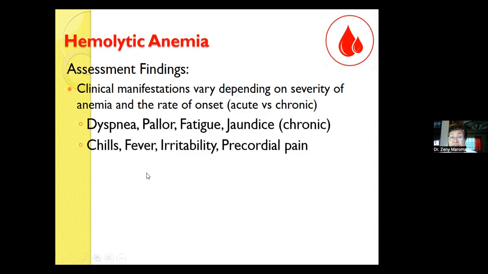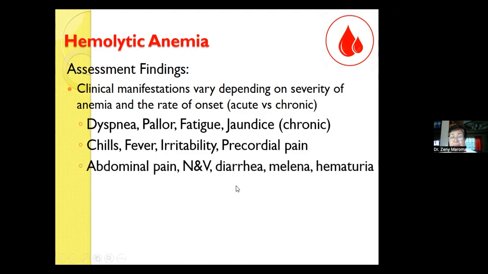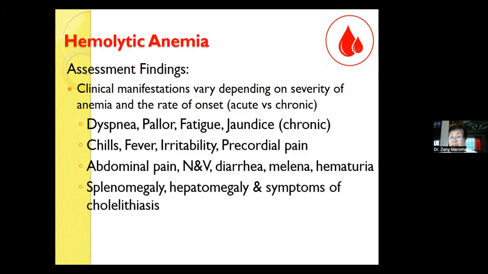There could also be fever, chills, irritability, and precordial pain. There's also abdominal pain, nausea, vomiting, diarrhea, melena, no? And splenomegaly, kasi overfunction ang liver and spleen. Kaya there's hepatomegaly, splenomegaly, or organomegaly, and symptoms of cholecystitis because there is increased production of bilirubin.